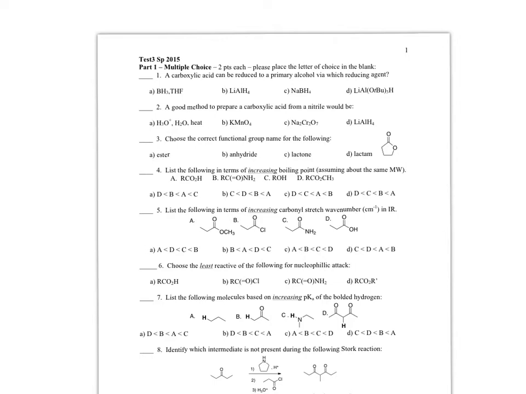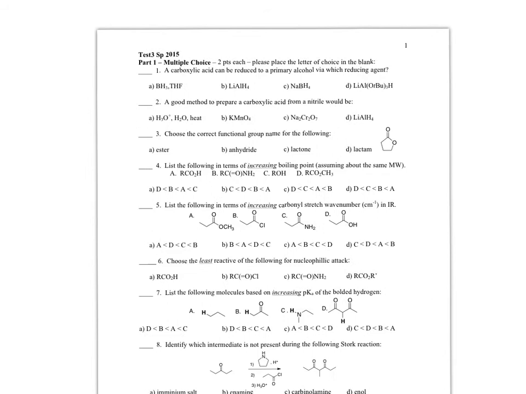The correct answer here, I think, was a mistake on the test, but anyway, the correct answer is A and B. Both of these reagents will reduce a carboxylic acid. So you could, I guess, choose either one.